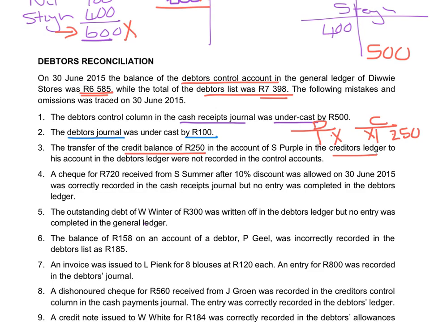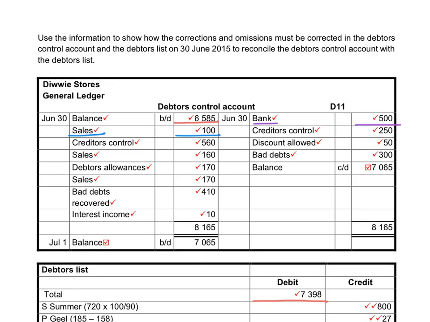There's no mistake in the debtors ledger, so this entry will only be recorded in the control account. The debtors control account will be credited with 250 and the creditors control account will be debited with 250.